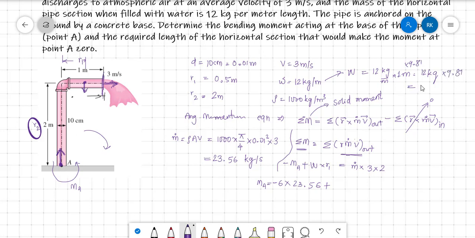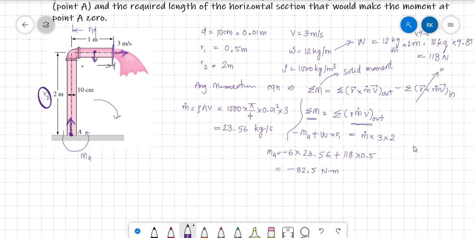So 12 into 9.81 is 118 Newton. So 118 into, so the weight will be acting at the center of gravity, so that will be equal to R1, that is 0.5 meter. So the MA will be minus 82.5 Newton meter. So what is it indicating?